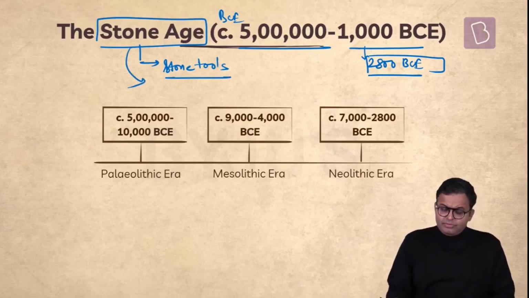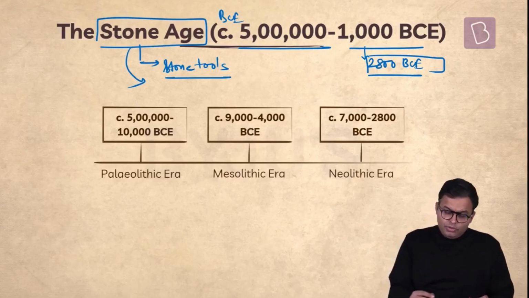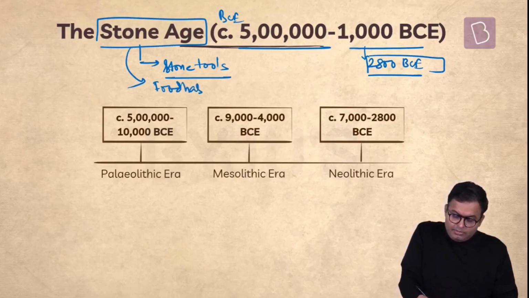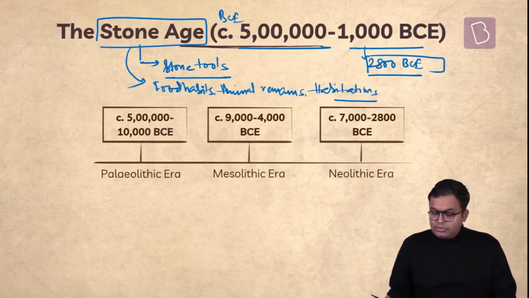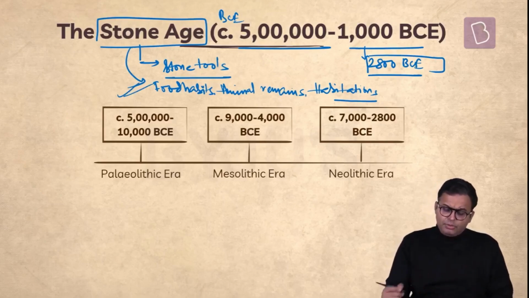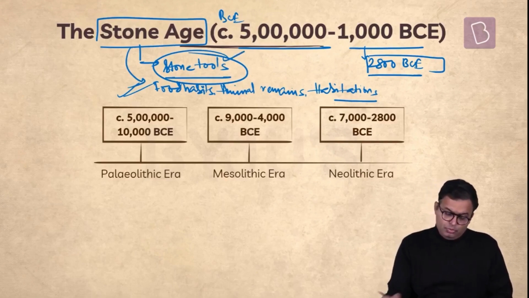So we have Stone Age understanding on the basis of stone tools. We also have understanding on the basis of, say, food habits, animal remains. We have habitation, that is housing. So we have a plethora, but the most important is stone tools.